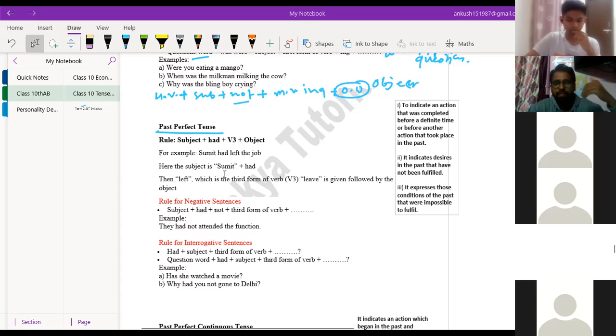Sometimes we are habitual in talking English, and that is why even if the sentences are not grammatically correct, we consider them correct. In spoken language, it's a different matter. But when we enter into writing, especially grammar, we must be very specific while writing sentences. Understood? Yes.